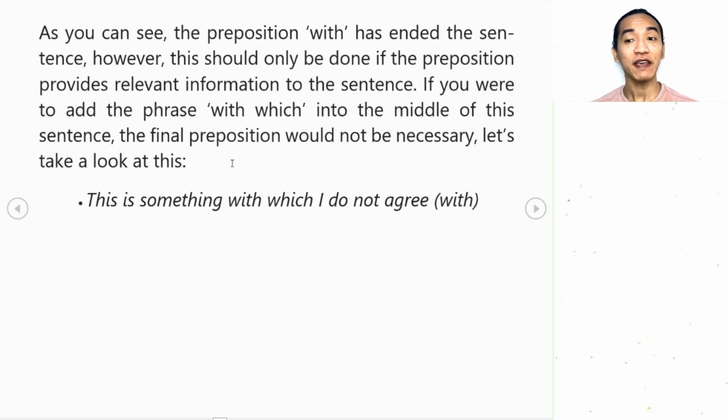So, if you were to add the phrase with which in the middle of this sentence, the final preposition with would not be necessary anymore. For example, this is something with which I do not agree. Therefore, you should not put the preposition with at the end of this sentence. Okay? That is rule number one.